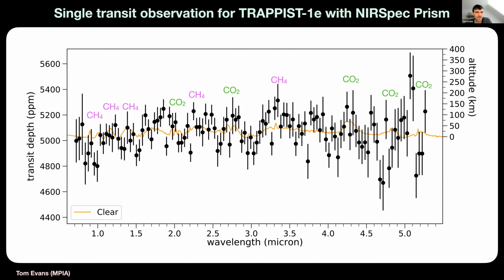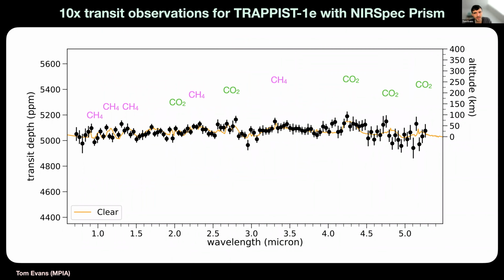Okay, so here is a mock data set generated from the clear atmosphere model shown in orange here, and assuming just a single transit observation of TRAPPIST-1e. Obviously we wouldn't be able to detect anything at this level of precision, but if we were to co-add 10 transits, then the precision will greatly improve, to a point where we're able to maybe start tracing out some spectral features.